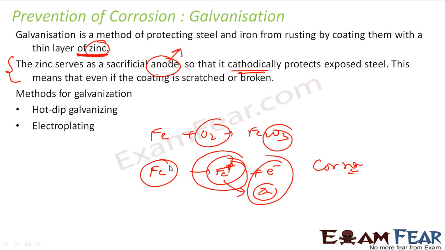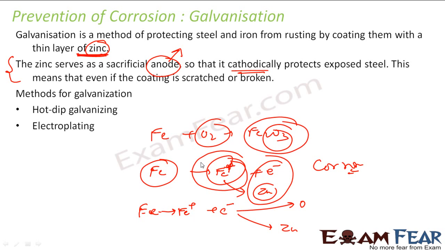Correct? See, iron has a tendency to lose electrons. So iron will lose electrons anyway, right? Now, if these electrons are taken by oxygen, it rusts. If they are taken by zinc, it won't rust. So that is happening here. The moment the extra electron which iron has lost is taken by oxygen, rusting happens and Fe2O3 forms. But whenever the extra electron comes, zinc takes it, then oxygen won't be able to take it, right?